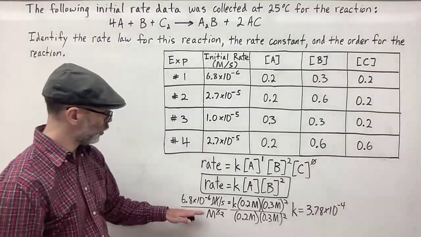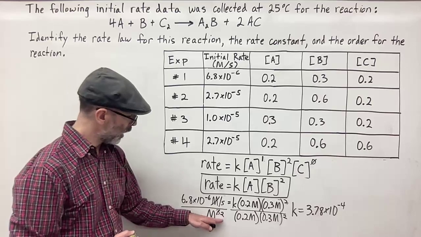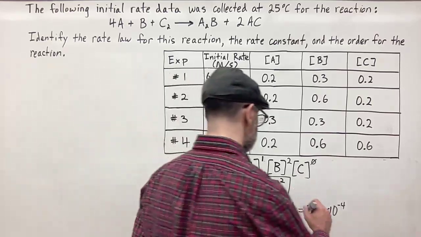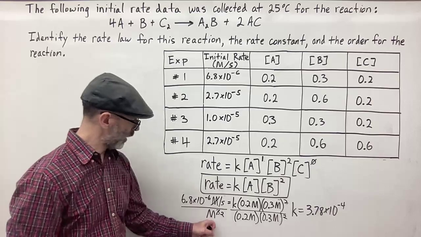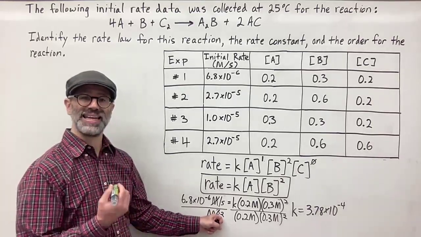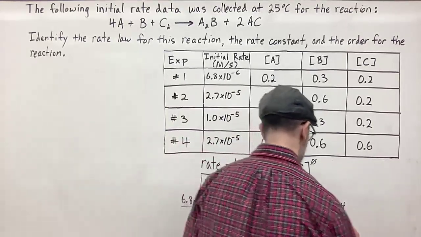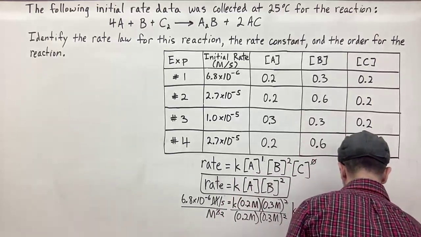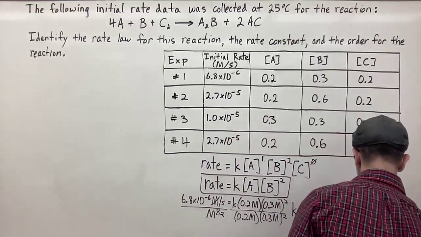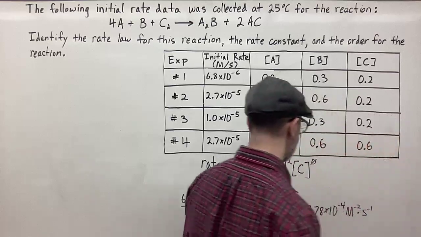So then our units is going to be molarity on the bottom squared. So that's going to be M negative 2 if we bring it to the top. So that's going to be M negative 2 times S negative 1.